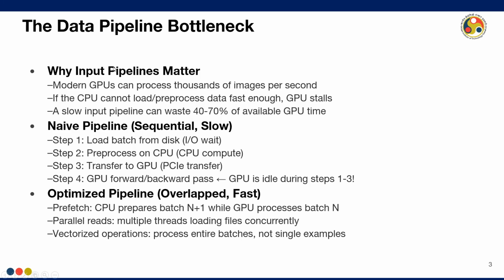Obviously GPUs process thousands of images per second, but can we give those thousands of images per second to those processors, the streaming multiprocessors? That is exactly the question we are trying to answer in each framework.